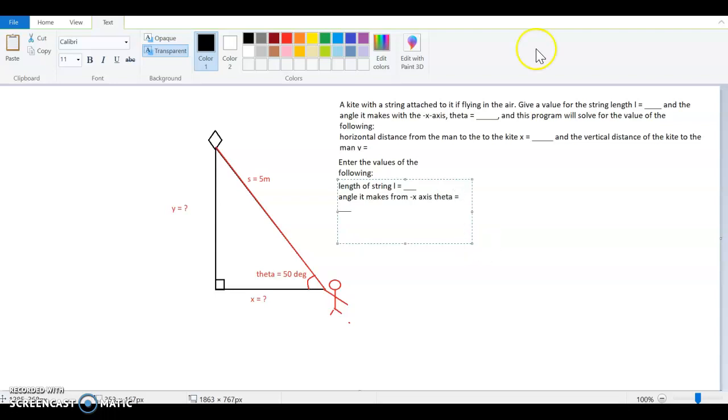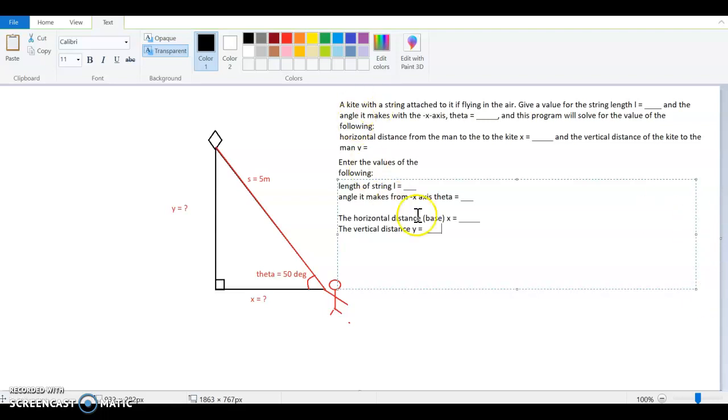Once they have entered these parameters, you'll provide them the answers. So the horizontal distance or the base, x is equal to, and the vertical distance y is equal to, there you have it. So that's the application of Pythagorean theorem.